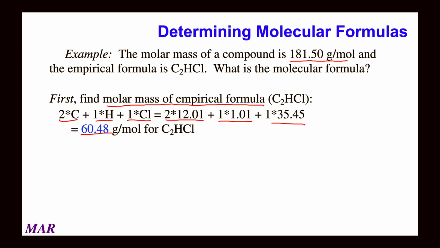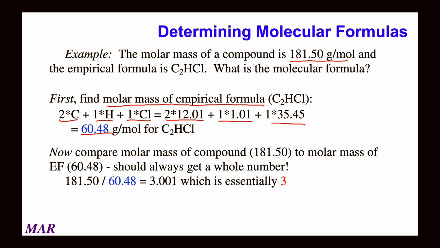If you compare the molar mass of the whole compound to the molar mass of the empirical formula, you should end up with a whole number, and it's always going to be a whole number here. In this case, 181.50 divided by 60.48 is 3.001, which is awfully close to 3. So that's the whole number we're looking at.